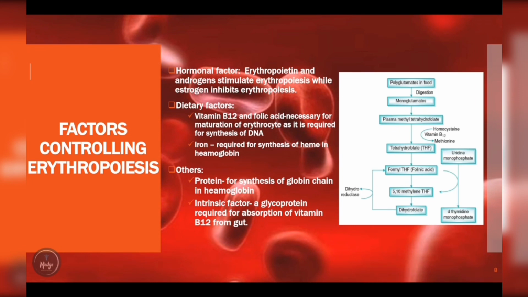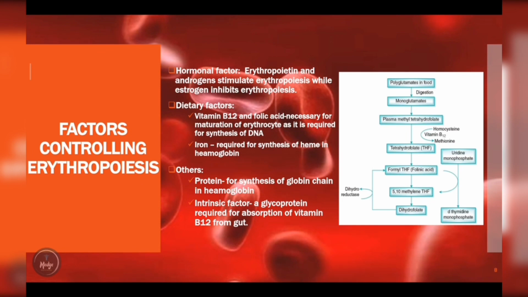Iron is required for synthesis of heme and hemoglobin. Other factors such as protein are required for synthesis of globin chain and hemoglobin, and intrinsic factor, which is a glycoprotein, is synthesized from parietal cells of the stomach, and it is required for absorption of vitamin B12 from the gut.